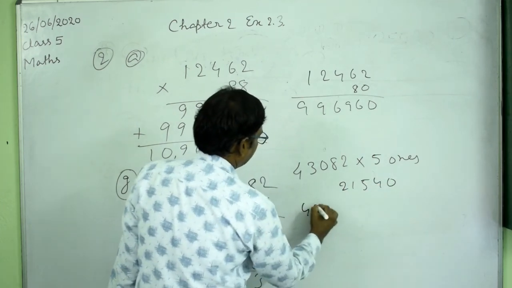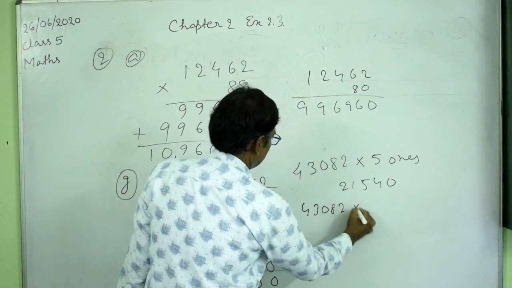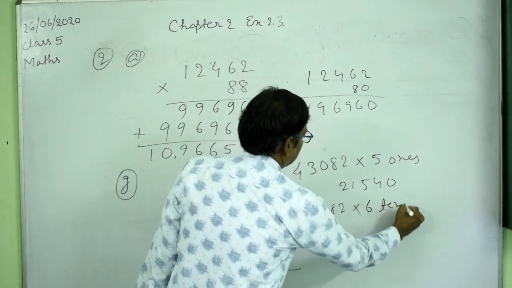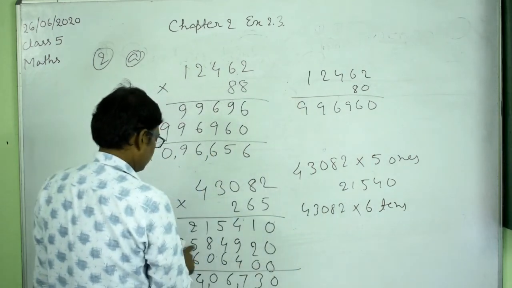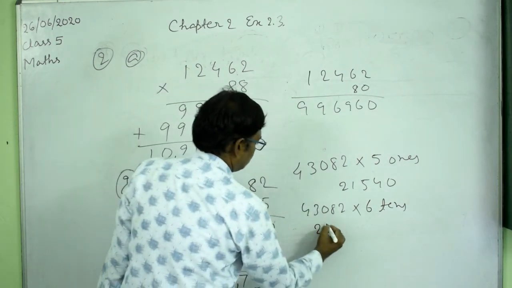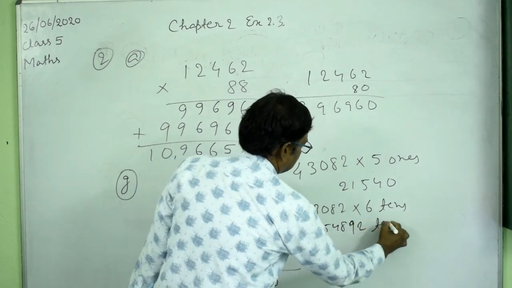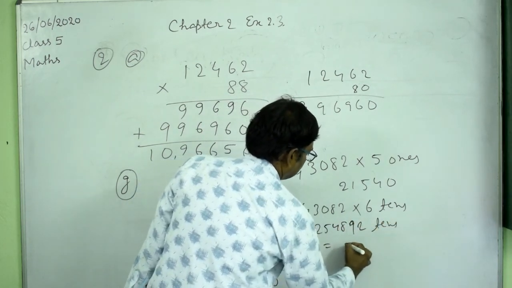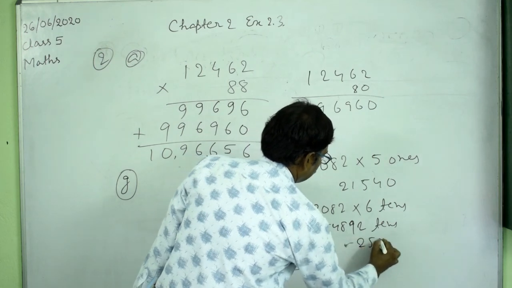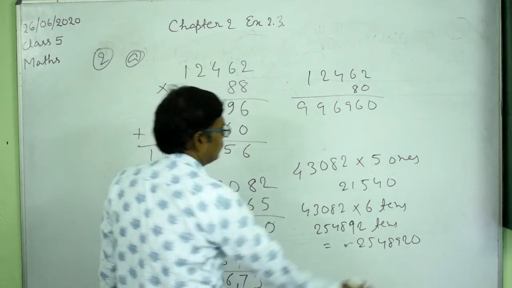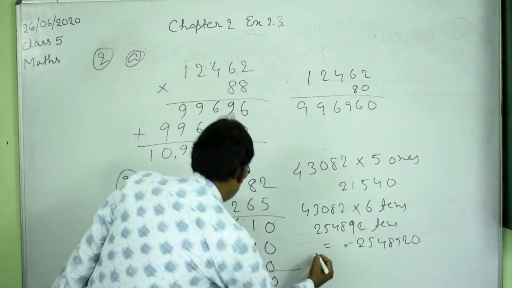Then you multiplied 43082 into 6 tens, you will get 258492 tens, which is equal to 2584920, because it is tens, so one more 0 will be here.